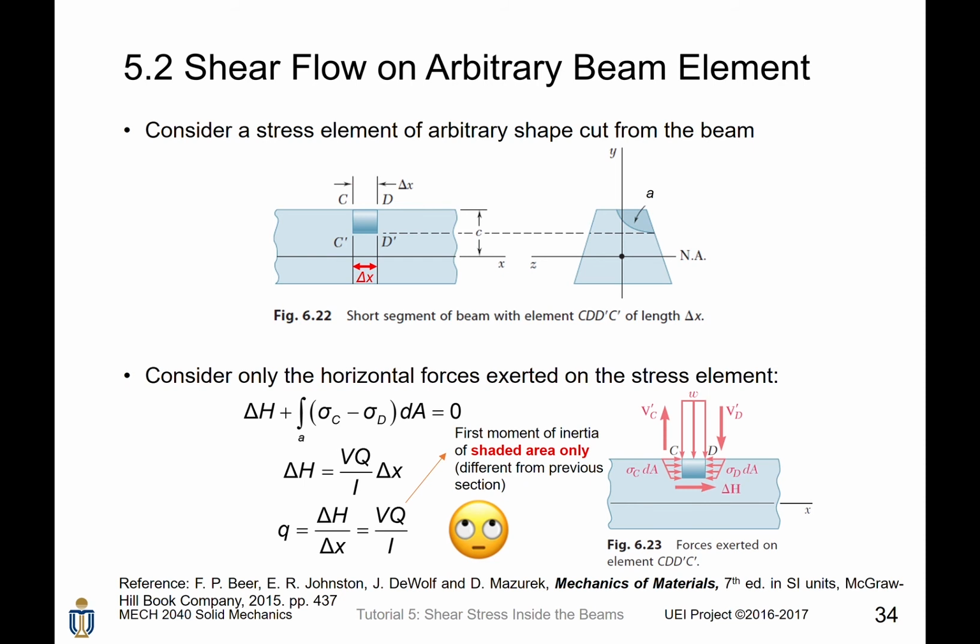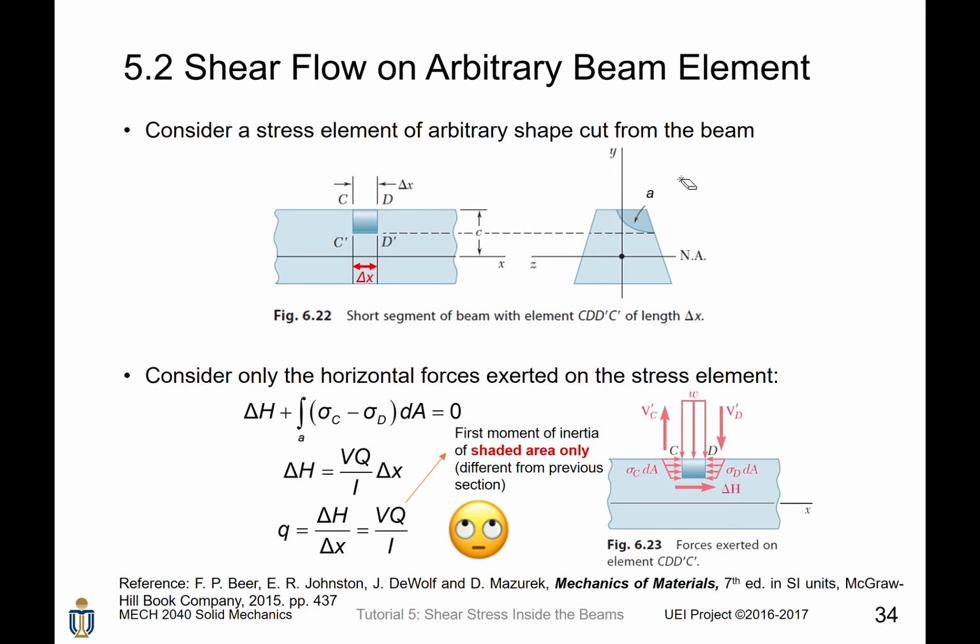Next, let's consider a stress element of arbitrary shape cut from the beam. In the previous case, we tried to account for all the region above the level that we concern. For example, we have y and y2, then we account for all the region above the level of y. But in this case, we only take a tiny piece of area, and it is an arbitrary shape.